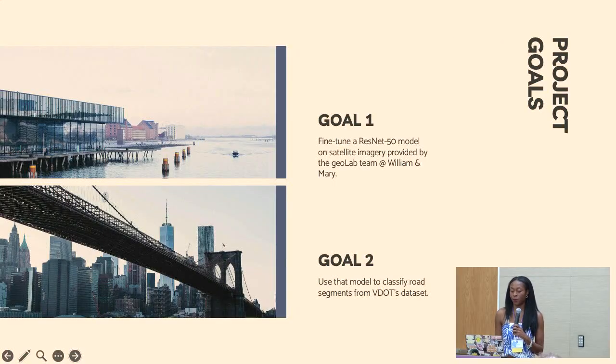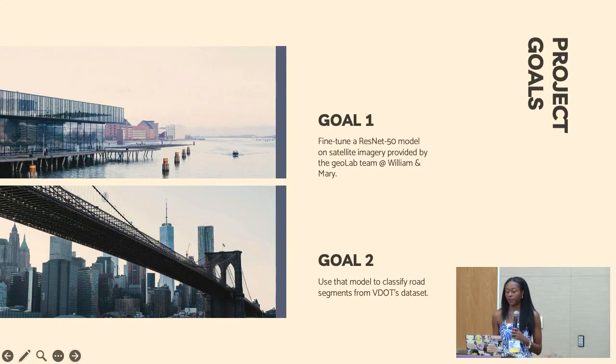And VDOT is short for Virginia Department of Transportation. So it was almost like a supervised sort of learning where I would train this ResNet model and see how well it does using actual classifications from VDOT.